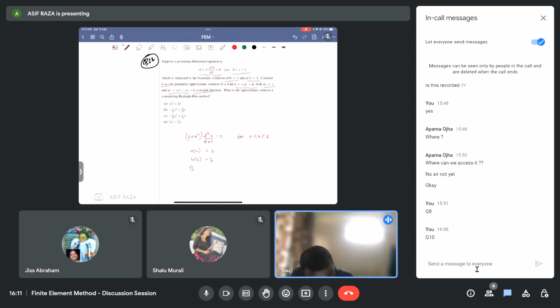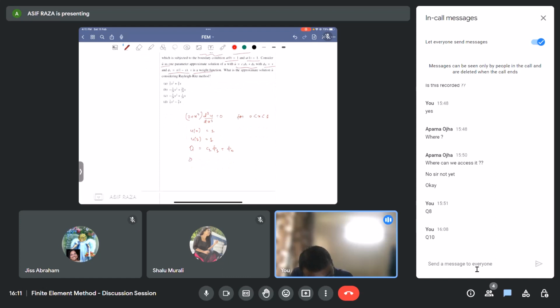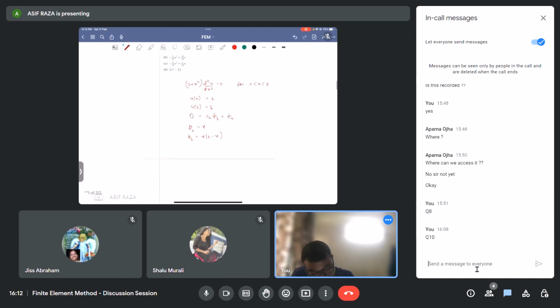Our approximate solution u bar is C1 phi 1 plus phi naught, where phi naught is provided as x, and phi 1 is equal to x times (1 minus x). So with that, what would my approximate solution be?